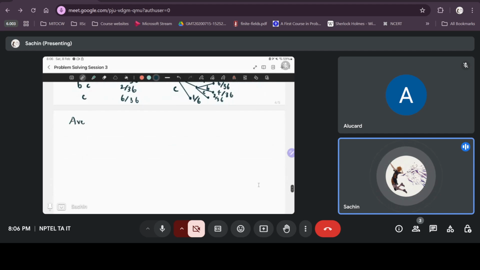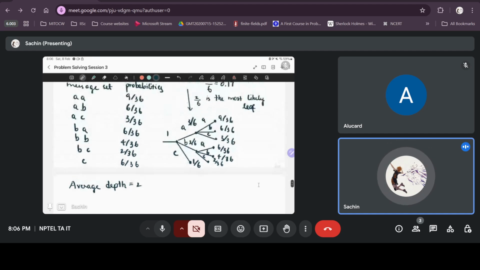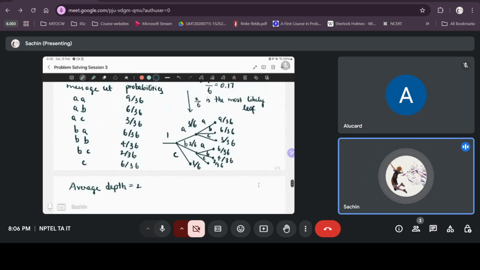Now, the average depth is, we have 3 branches of depth 2 stemming from A. So AA, AB, AC are of depth 2, and the probabilities are 9 by 36, 6 by 36, and 3 by 36.